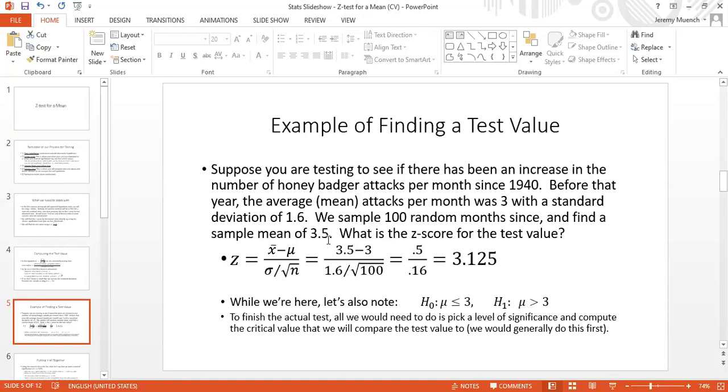The null hypothesis is saying the mean is 3 anyway. So we get a z-score of 3.5 minus 3 over 1.6 divided by root 100, which gives us 3.125. And while we're here, we'll note that the null hypothesis would be that the mean is less than or equal to 3. The alternative hypothesis is that the mean is greater than 3. This is a right-tailed test because we're testing for an increase.